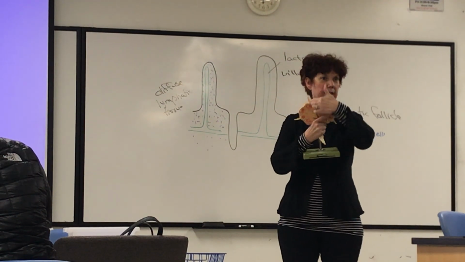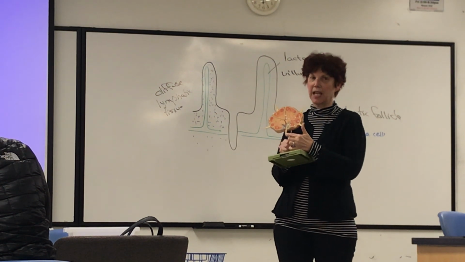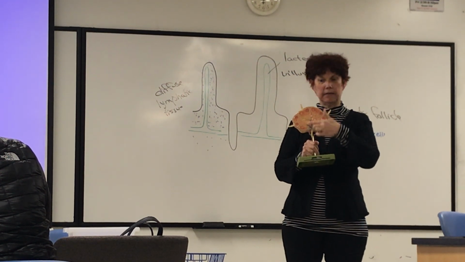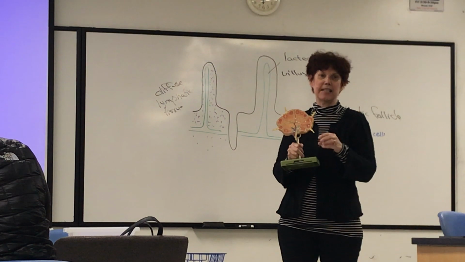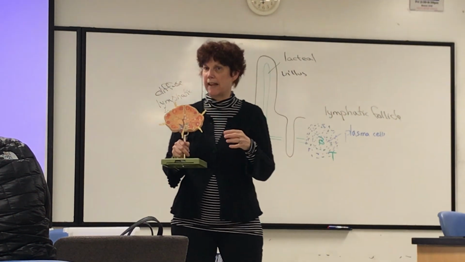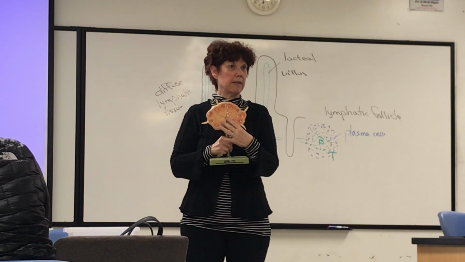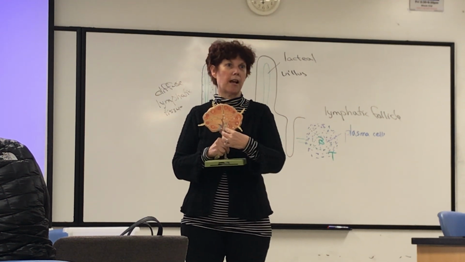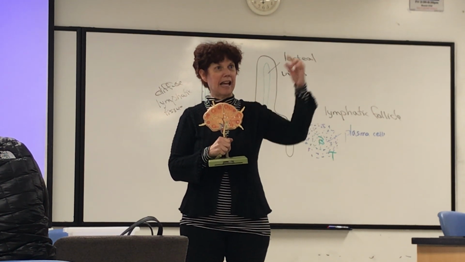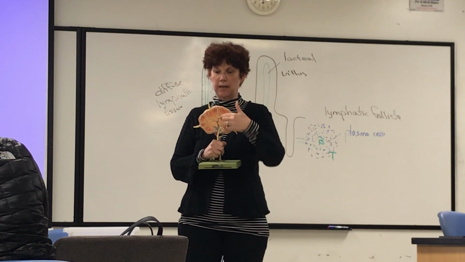We have lymphatic vessels coming into it, and a few lymphatic vessels leaving. So it's kind of like a bean, probably about the size of a white bean or navy bean, kidney bean. And this is called the hilus here. So that's where the blood vessels come in, the arteries come in, and the veins leave. And that's also where lymphatics will leave. So the valves allow the flow into and out of, but not away from or back into the lymph node.